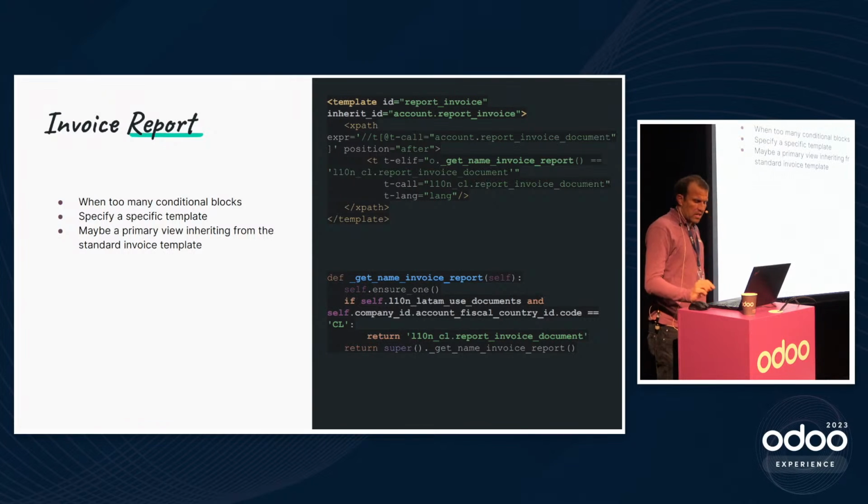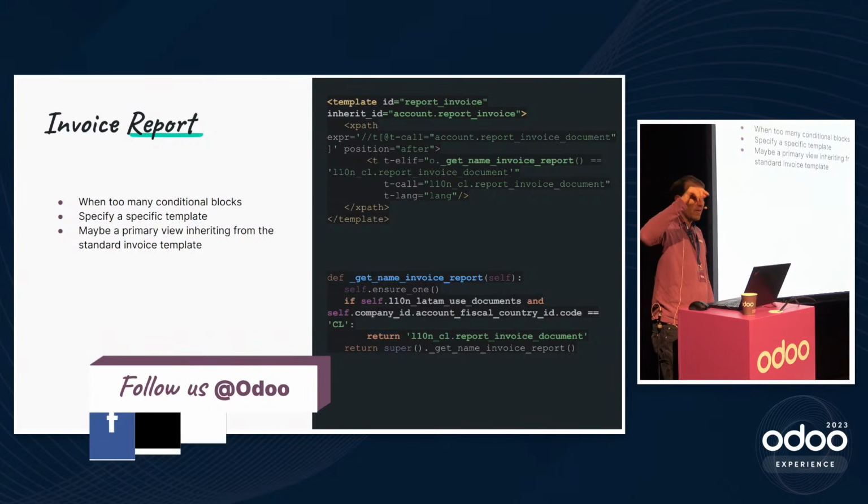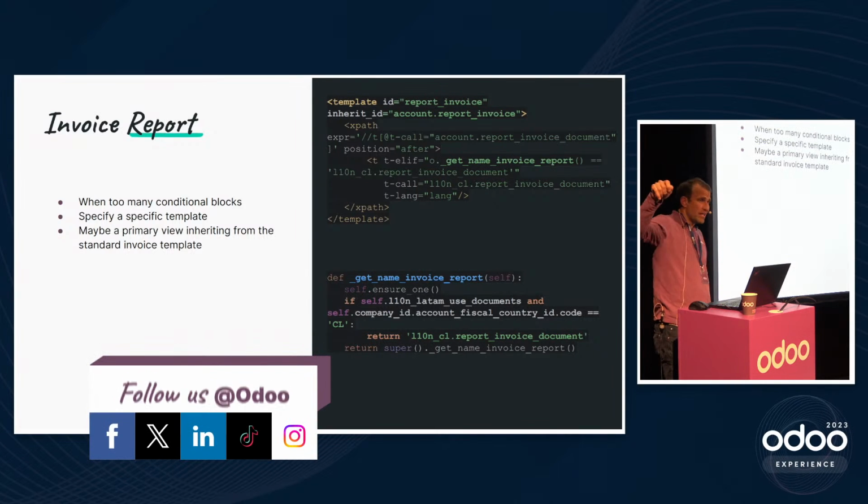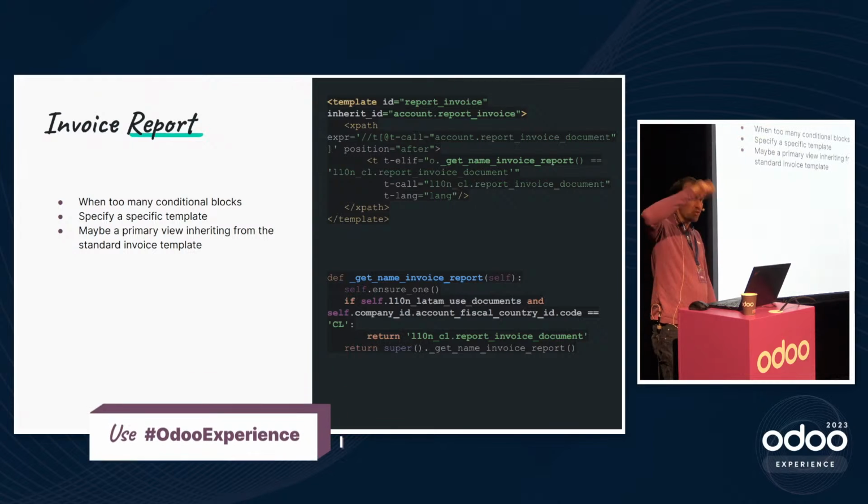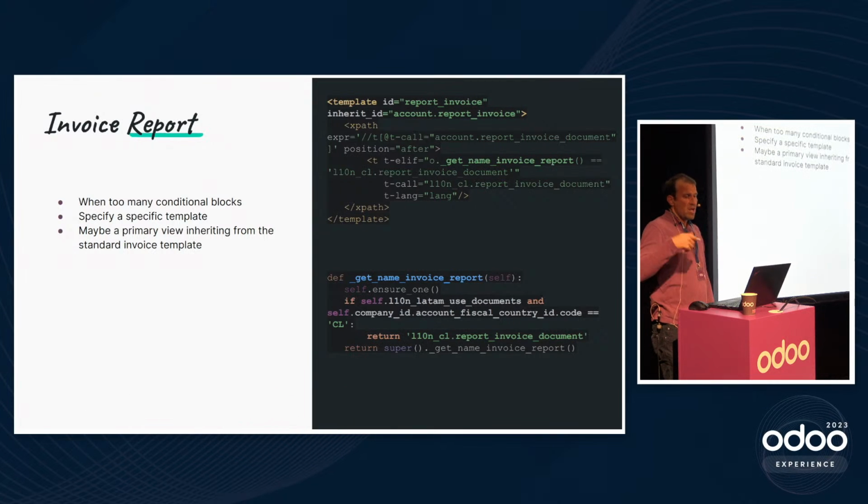One thing that's interesting as well is the invoice report. Some countries, like Chile, Argentina, for example, want their specific invoice format. It has to be exactly this. And so if we have to inherit the invoice format we have in Odoo, and put everywhere, in the case of Chile, then don't show this, but show this, and in the case of this country, it becomes difficult.